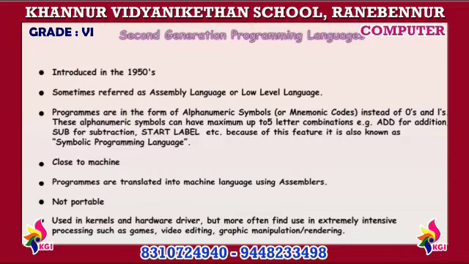Programs are in the form of alphanumeric symbols or mnemonic codes instead of zeros and ones. These alphanumeric symbols can have a maximum of 5 letter combinations: add for addition, sub for subtraction, start label, etc. Because of this feature, it is also known as symbolic programming language.